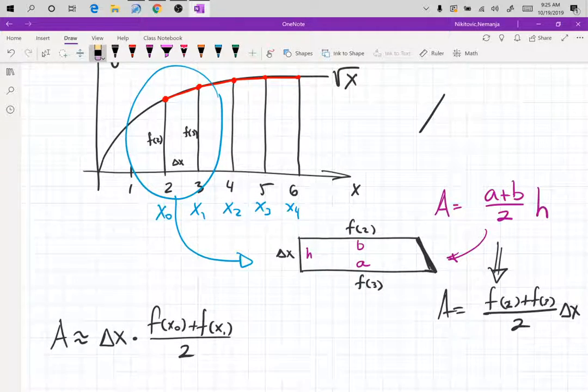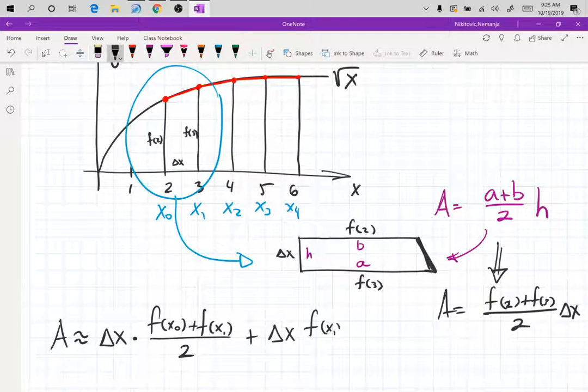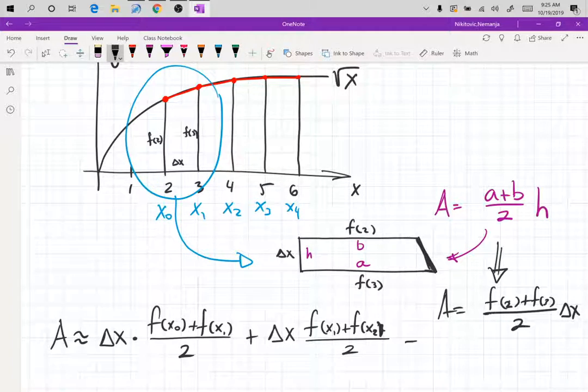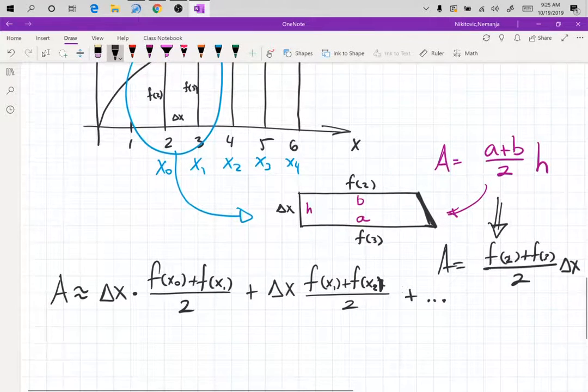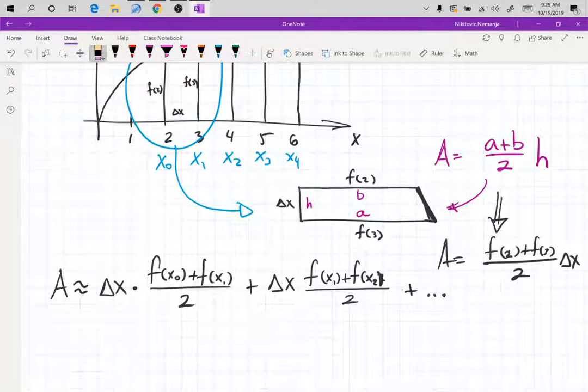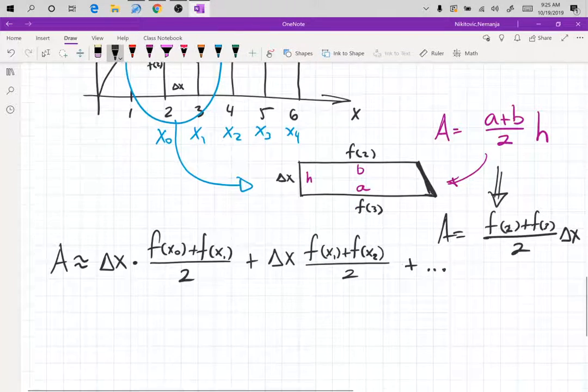Anyway, so that's the first one, plus delta x times f of x1 plus f of x2 divided by 2, plus dot, dot, dot. So what you see here is the pattern, where you always average the functions and then times delta x.